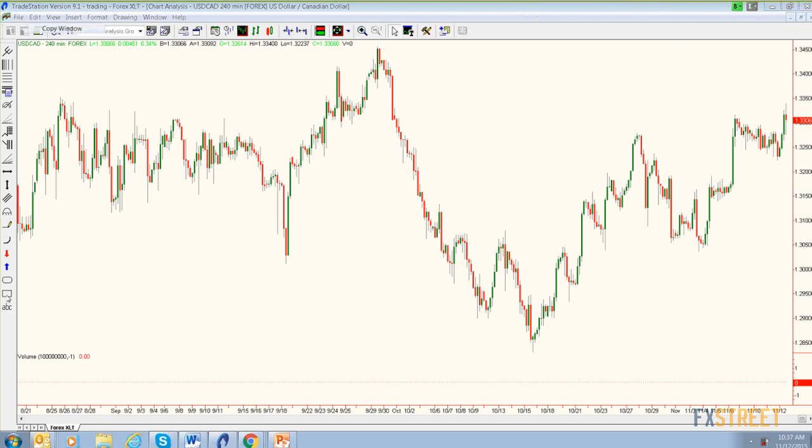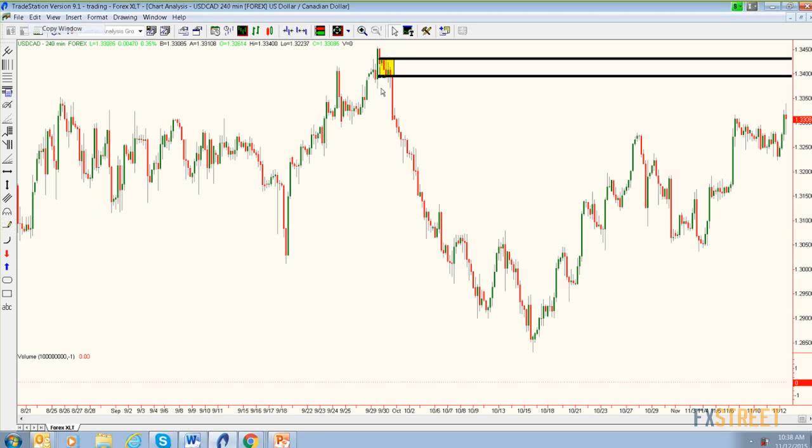The 4 hour here, I was looking at this level the other day. That looks really good. And I'll go over why in just a second. And it's almost like, let's see how big this range is. There's a 4 hour chart.